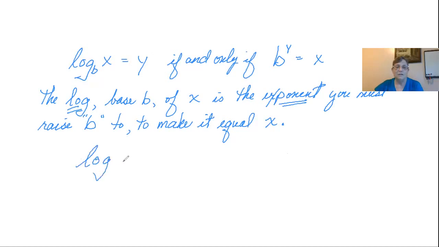So we could write the log base 2 of 8 is 3 because 2 raised to the third power is equal to 8. When you're going to convert back and forth from an exponent to a log, you have to jump back and forth across the equals.